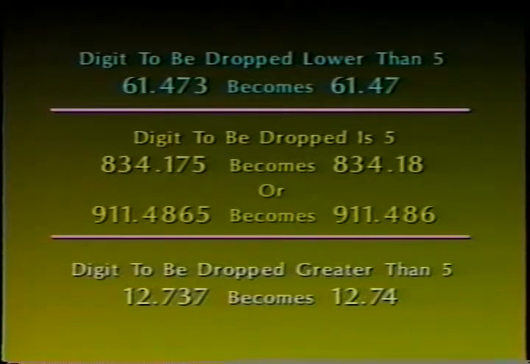Second, when the digit to be dropped is exactly 5, the nearest even number is used for the preceding digit. This method establishes a consistent pattern and yields a better balance of results. Last, when the digit to be dropped is more than 5, the nearest preceding digit is increased by 1.